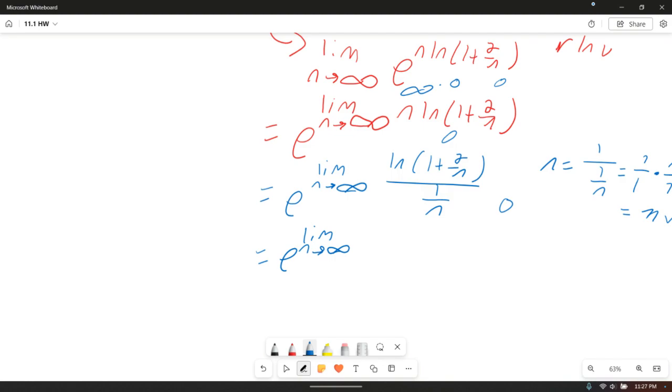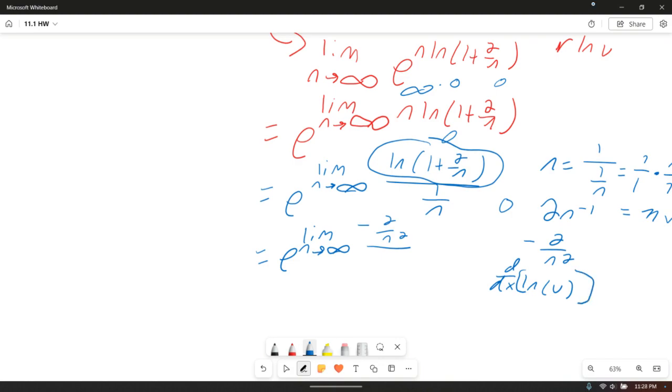So derive the top: 2n to the negative first, the derivative is negative 2 over n squared, so 2n to the negative second. Deriving ln of u is u prime over u. So this is negative 2 over n squared, all over 1 plus 2 over n.